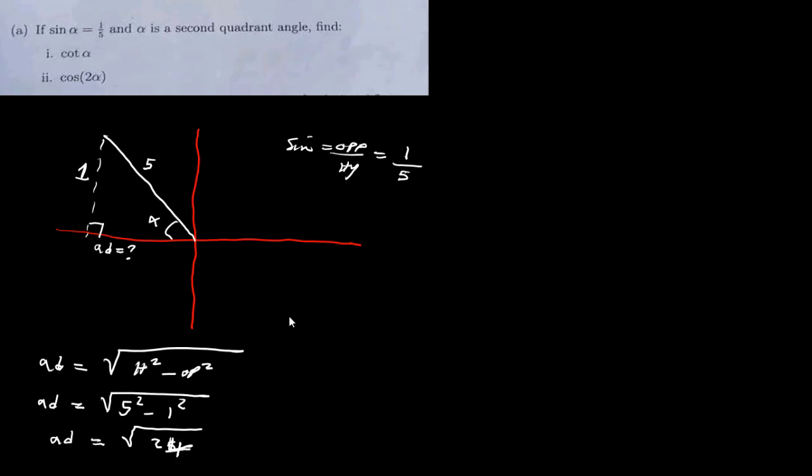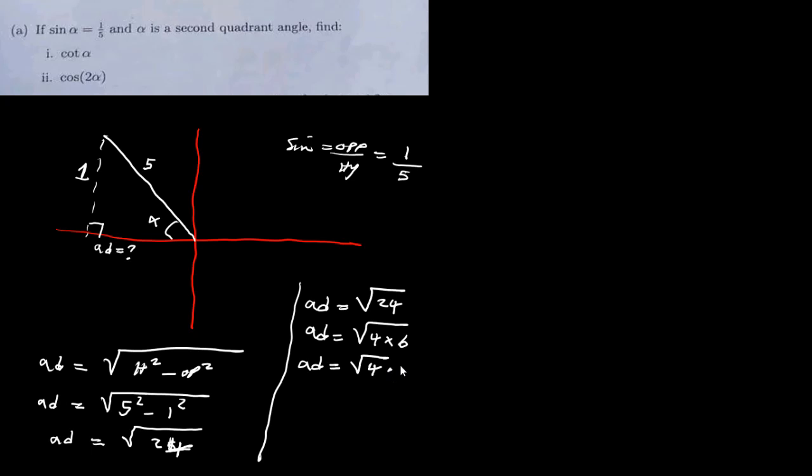This 24 can be worked on using surds, such that adjacent is equal to the square root of 24, which is the square root of 4 times 6, and that is the square root of 4 times the square root of 6.